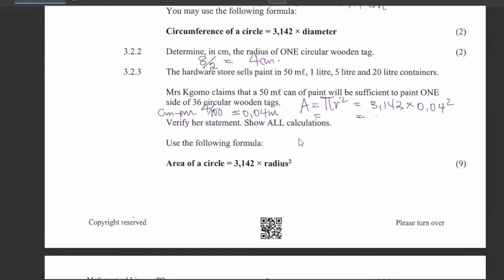So we end up having 0,05027 times the 36. So we multiply by 36.